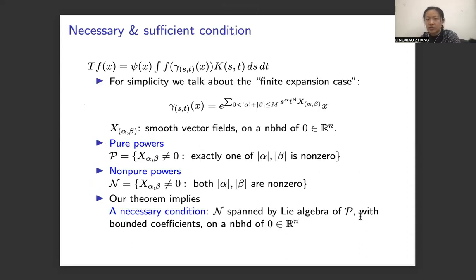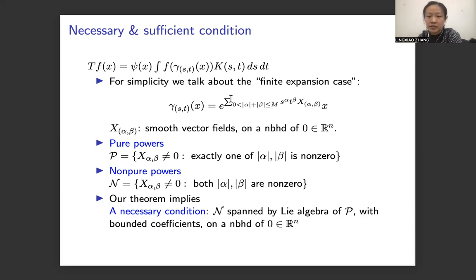Okay, before I start stating that necessary and sufficient condition, let me first introduce some notions. For simplicity, let's assume the function gamma can be written in this exponential form, where the exponential form is defined using the ODE flow.